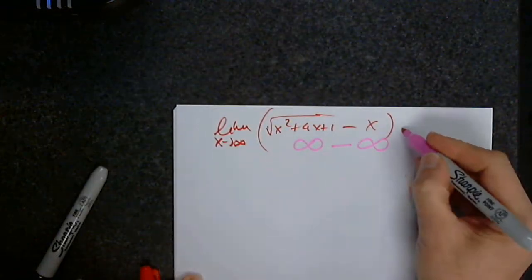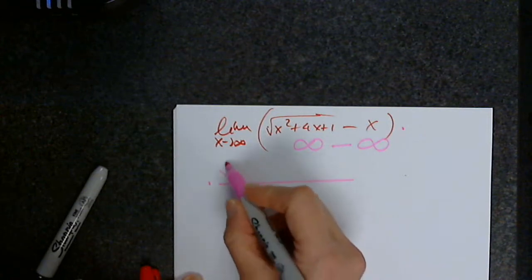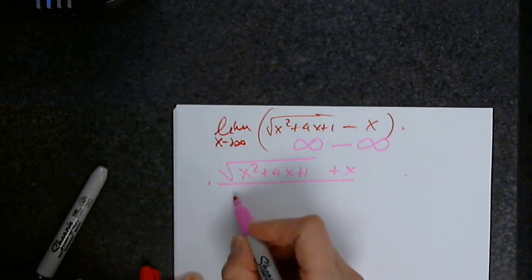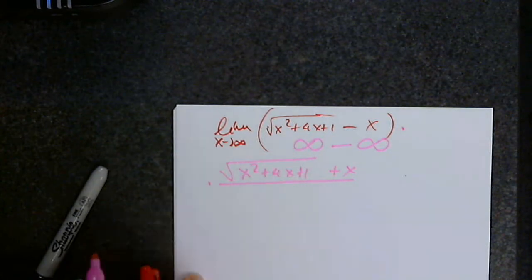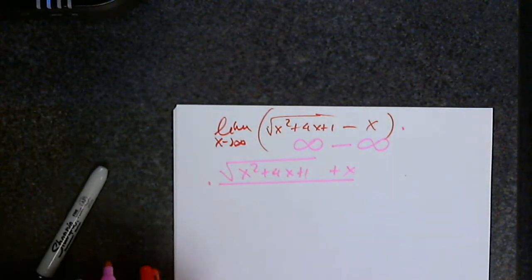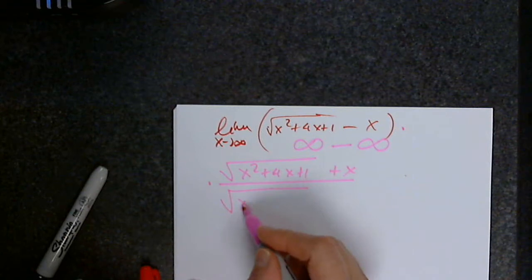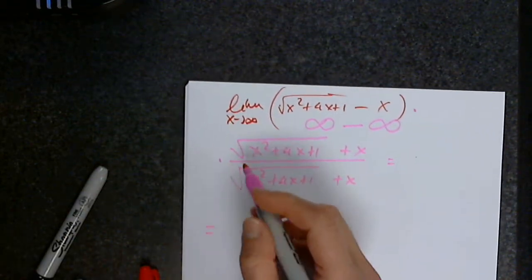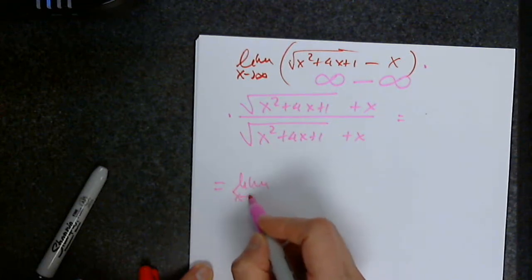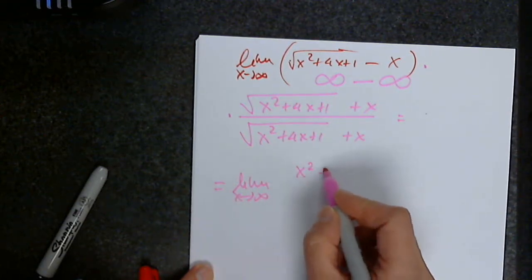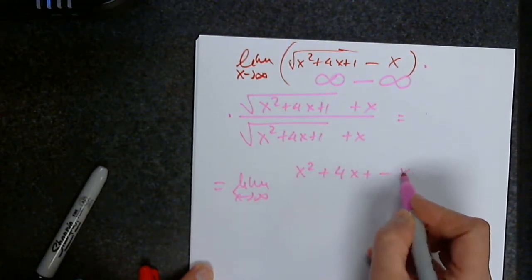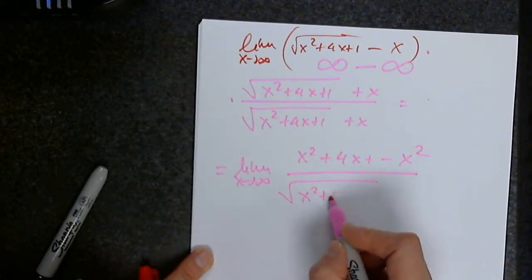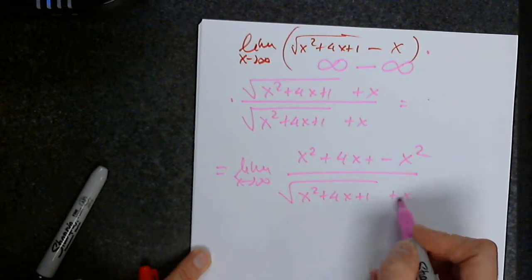The only thing I can do here is rationalize. So I will have the square root of x squared plus 4x plus 1 plus x. This is not L'Hopital's rule. Infinity minus infinity is not L'Hopital's rule. So this is the limit as x approaches infinity of x squared plus 4x plus 1 minus x squared over the square root of x squared plus 4x plus 1 plus x.